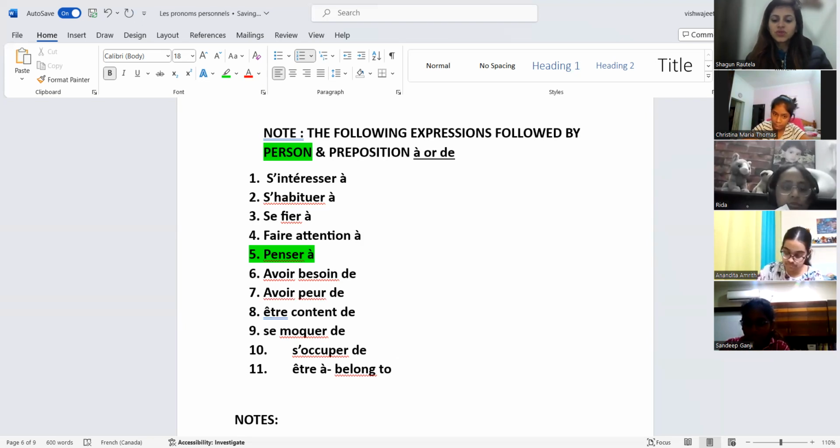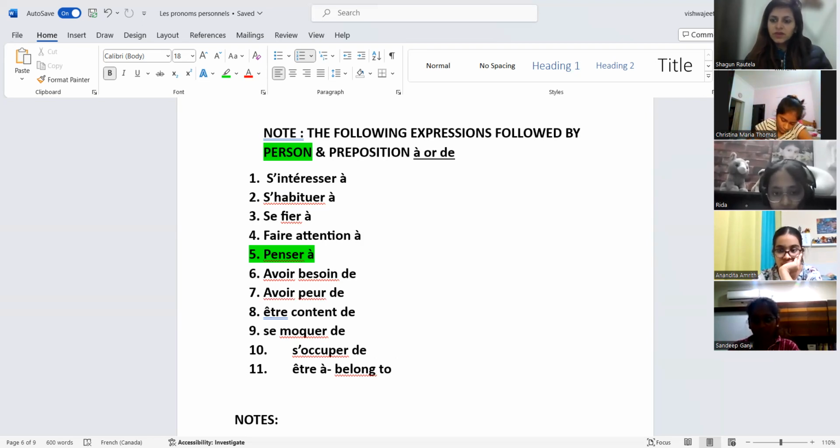Belong to is a verb. So, except for the à ones, if we have verbs other than these, we will use COI in that case, right? Yes, absolutely. If these expressions are not there with à, you're going to use COI. If these expressions are there, you have to use the tonic pronoun.